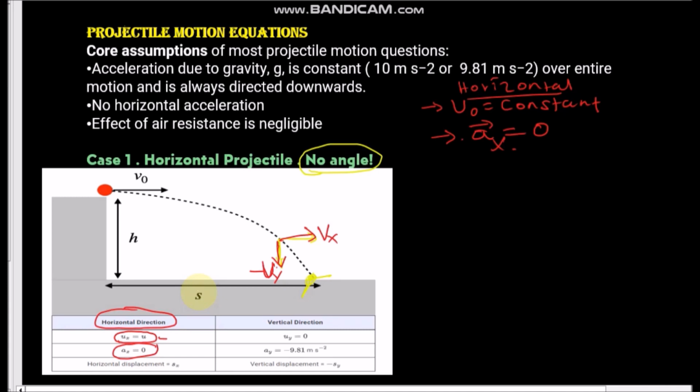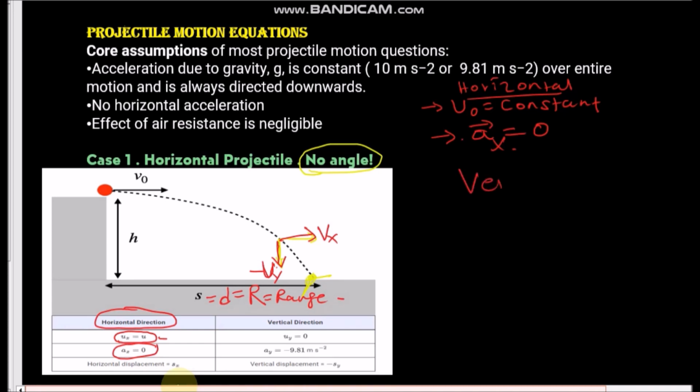And the horizontal displacement, let's say we have sx. sx means this x, or sometimes we say d, or r, which is the range. So we have this for the horizontal.